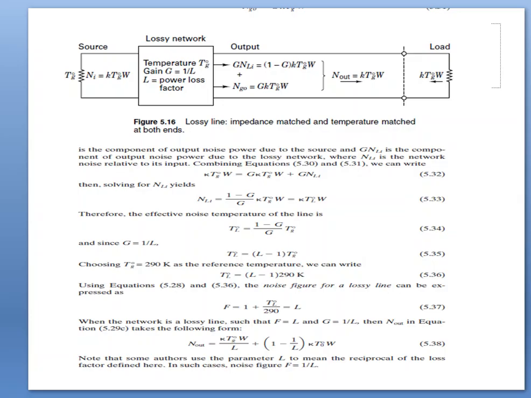By combining the above two equations, we can write k Ts W is equal to G k Ts W plus G NL, and solving for NL, NL is equal to (1 - G) divided by G multiplied by k Ts W. That implies k TL W. Therefore, the effective noise temperature of the line TL is equal to (1 - G) divided by G into Ts. We know that since G is equal to 1 by L, that implies TL is equal to (L - 1) into Ts.